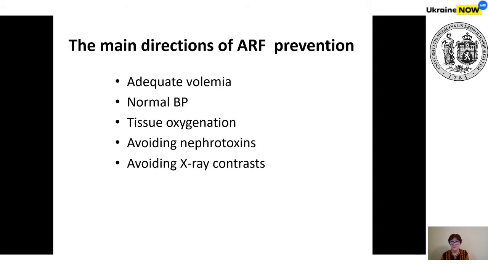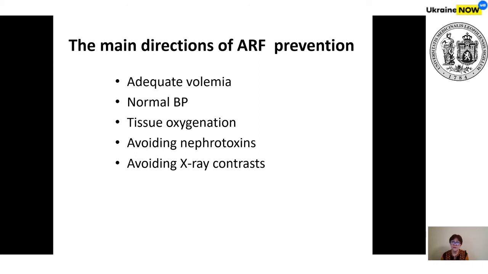The main directions of acute renal failure prevention: it's adequate volemic therapy, normal blood pressure, tissue oxygenation, avoiding nephrotoxins and avoiding X-ray contrasts. There is limited possibility to treat acute renal failure, especially medicamentosely.